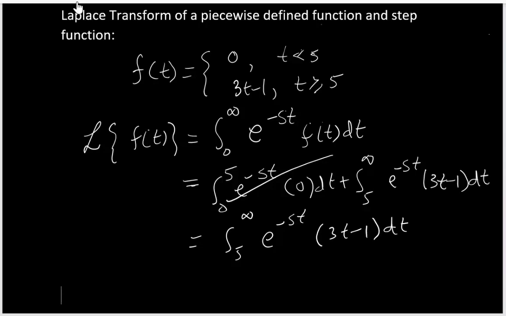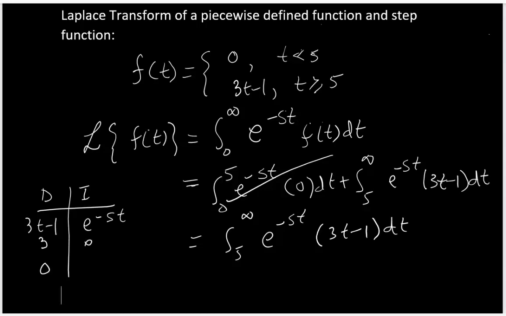This must go with integration by parts. So I will take this one on the side, and as you have seen before, how we do integration by parts. I'm taking the algebraic part 3t minus 1 on the left side and e to the negative st on the right side. On the left side you go with the derivative: first you get a 3, then you get a 0.